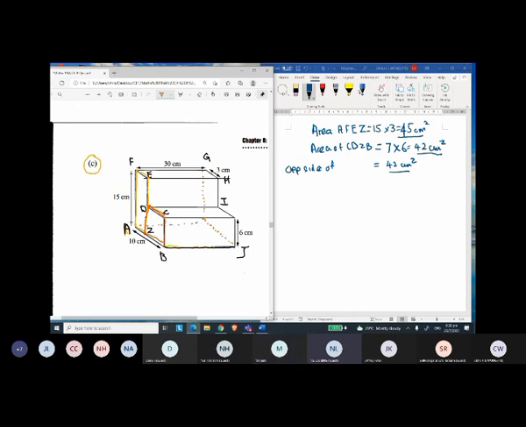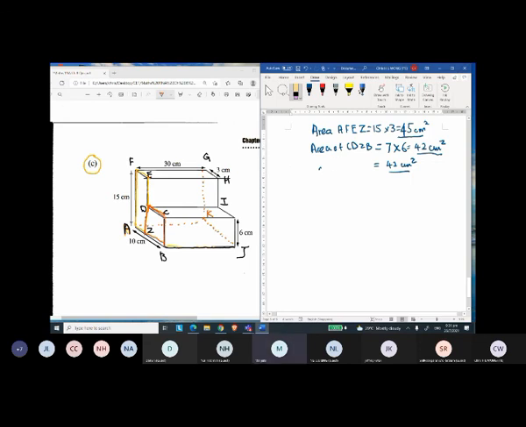So I don't use opposite, I use letters. Behind is K. So I will use area of GHIJK equals also 42. Same side.